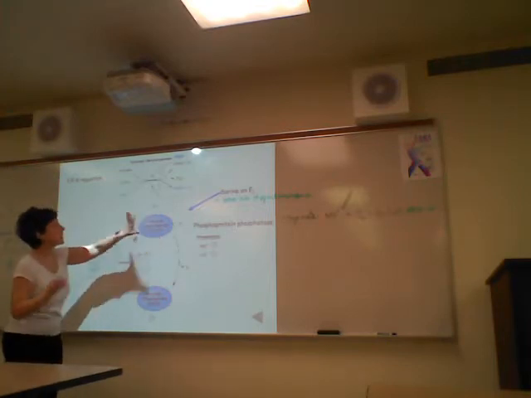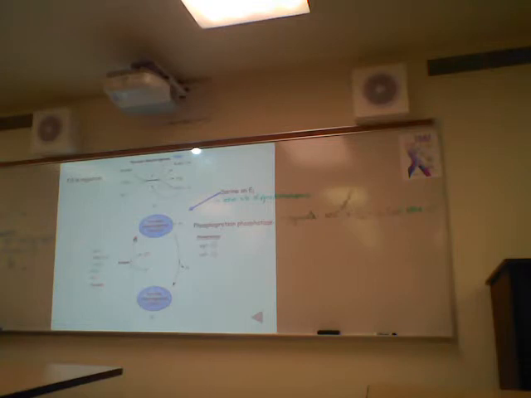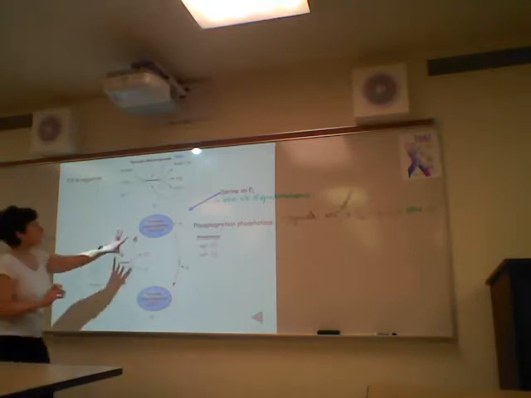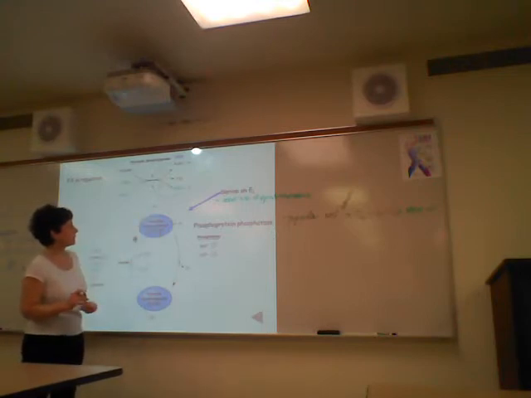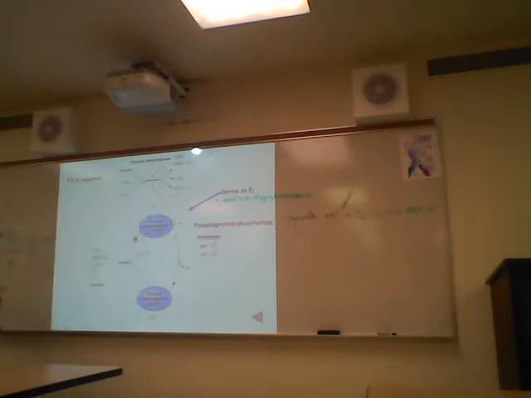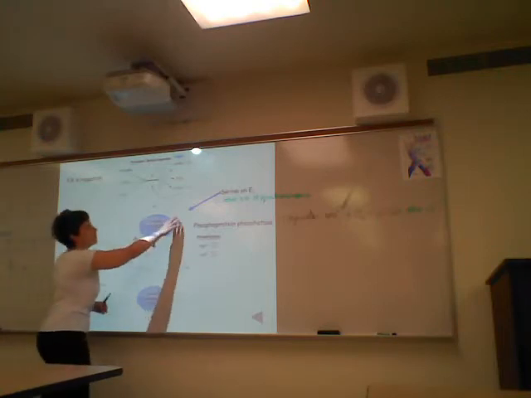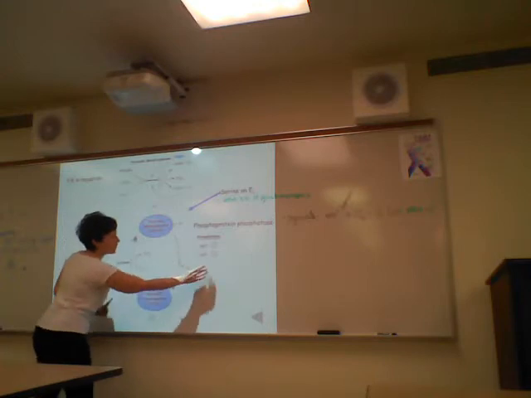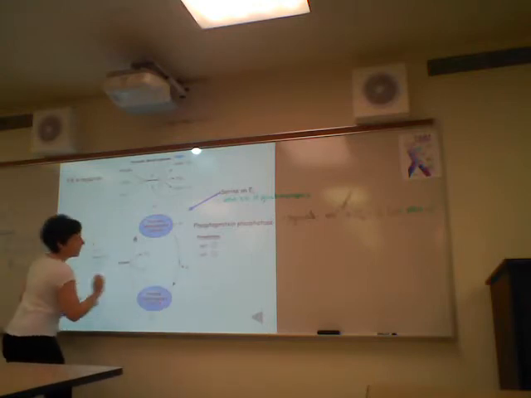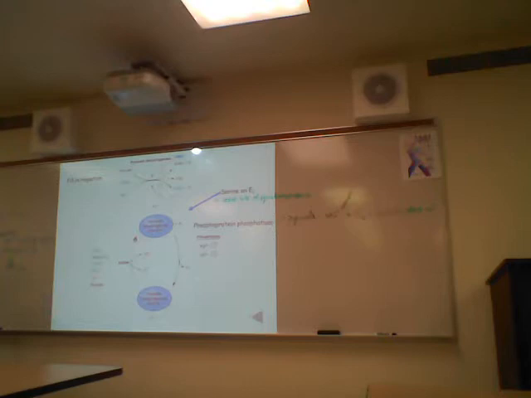So pyruvate dehydrogenase, phosphorylated, is just sitting there, staying inactivated, ready to be activated. Then when you remove the phosphate group, inorganic phosphate goes off into solution, and now you have the active form, and on it goes to produce NADH, CO2 and acetyl-CoA.